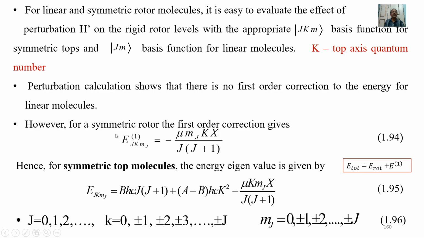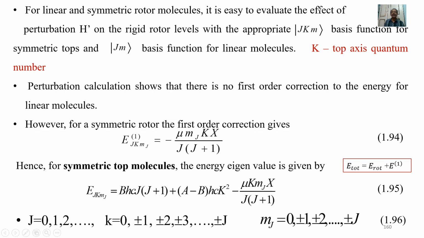For linear and symmetric rotor molecules, it is easy to evaluate the effect of the perturbation H prime on the rigid rotor levels with the appropriate basis. So one basis is the JKM basis, and this is for symmetric top molecules, and JM is a joint eigenstate with J and M, which is the basis function for the linear molecules.